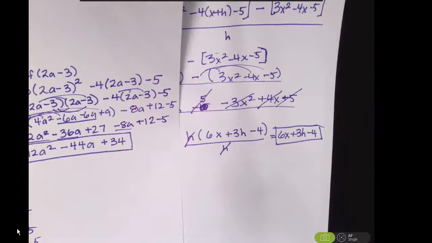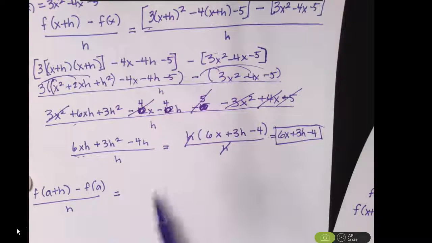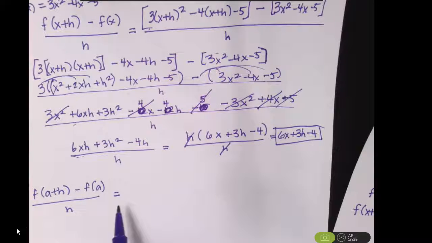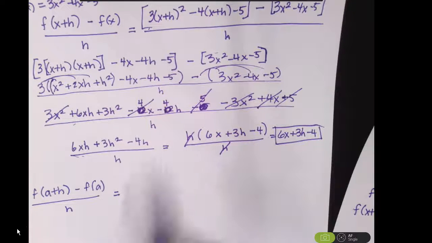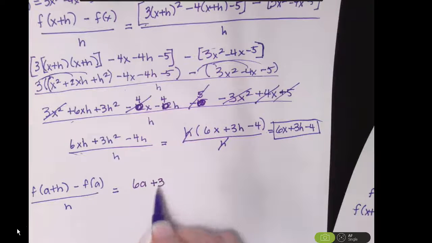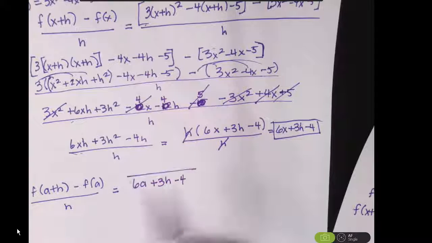And then f of a is down here, so I'm going to go ahead and substitute f of a plus h. I've got the same as what I had in the step before, except using an x, I end up with an a. So I'm going to get 6a plus 3h minus 4. That's my final answer there.